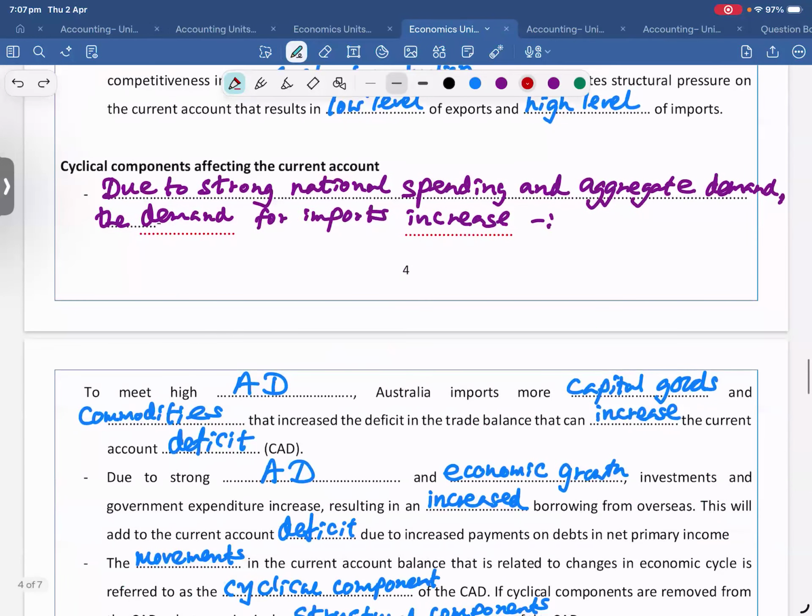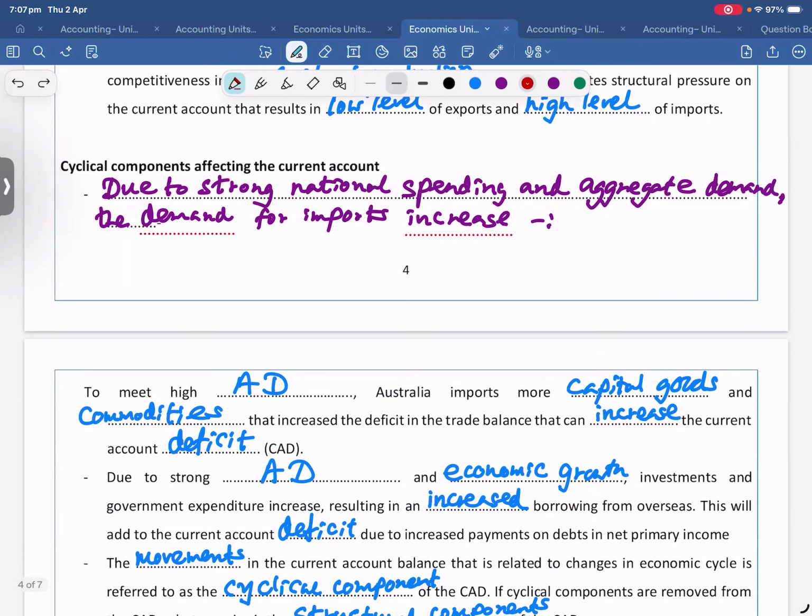For example, if we increase our aggregate demand, we are going to purchase capital goods, commodities and intermediate goods. When we purchase more imports, it results in a current account deficit.